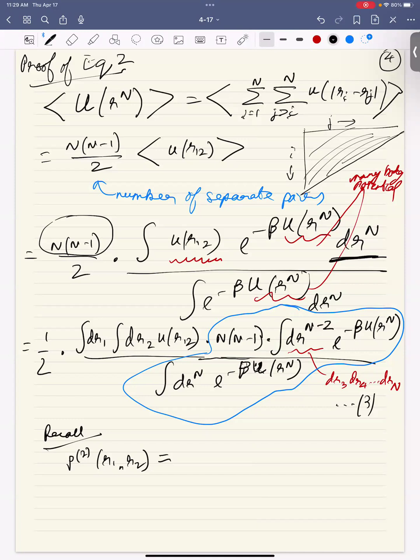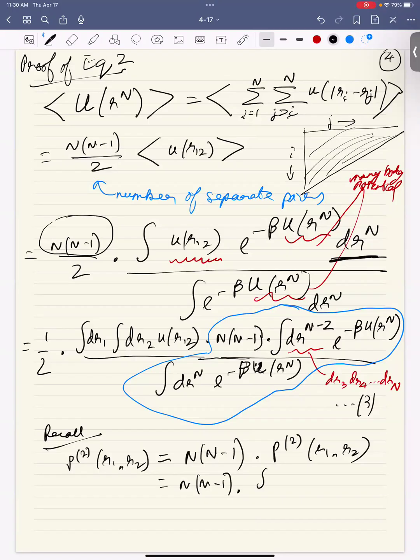What was the definition of rho 2 R1 R2? It was n multiplied by n minus 1 multiplied by P2 of R1 R2, right? That's how we defined it. What is P2 of R1 R2? Well, that's the thing we wrote down there. So this whole thing is rho 2 of R1 R2. So if you remember n of n minus 1, what is P2?